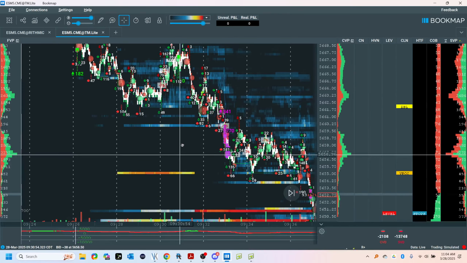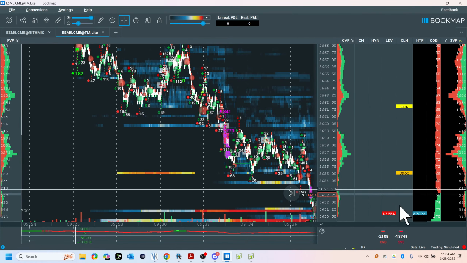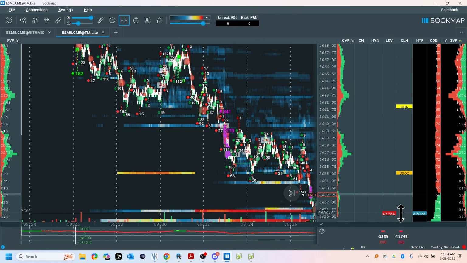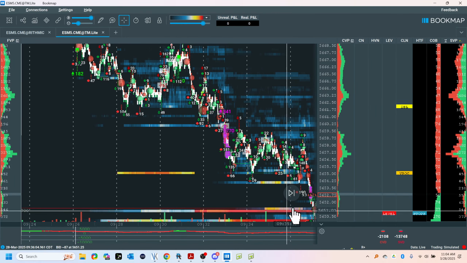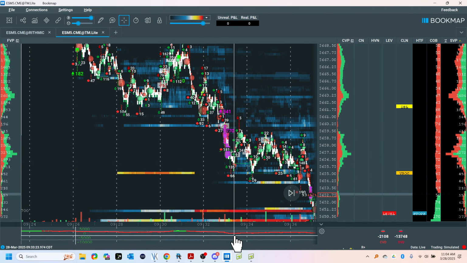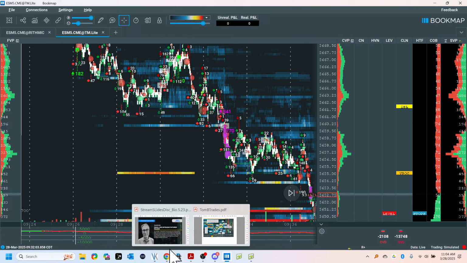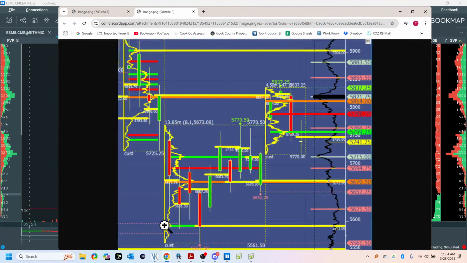Now, there's more. Really? Yes. What is this? Stops. What is that? Liquidity. Where did this come from? I know. You're going, well, what? This is the micro composite volume point of control and the naked volume point of control.